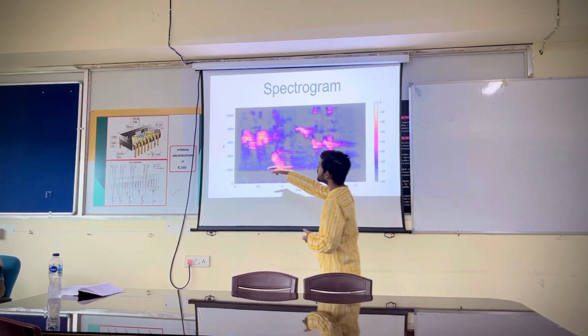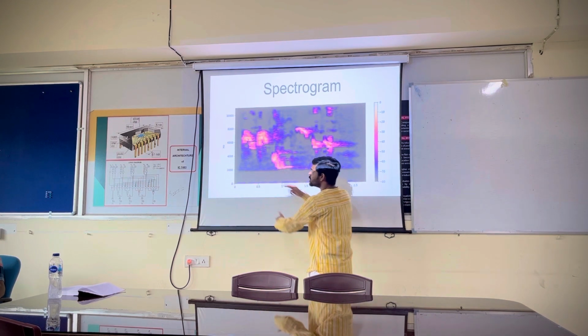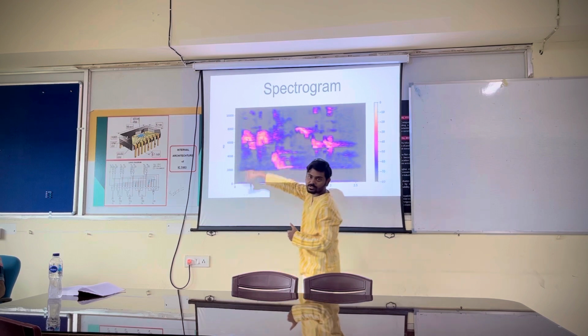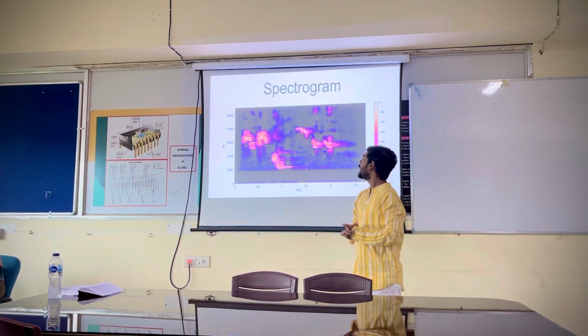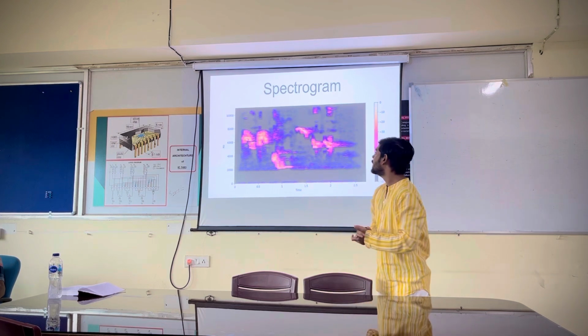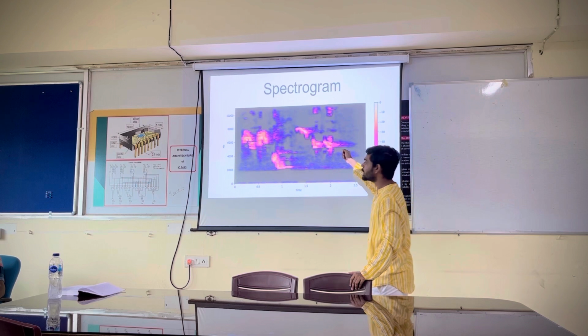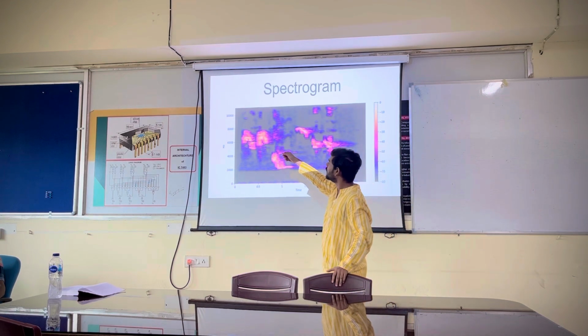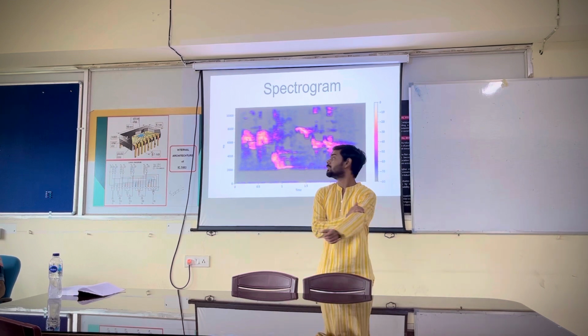So this axis is those frequencies that you are seeing in this range, and this is the time axis. Okay, and what about the amplitudes? This color intensity that you are seeing, those intensities are represented by these color changes.